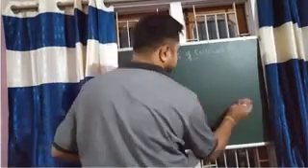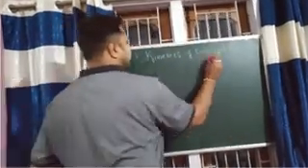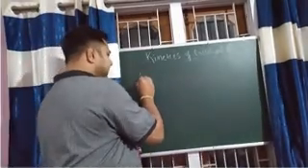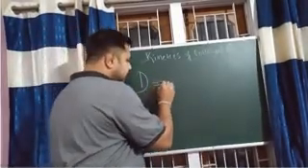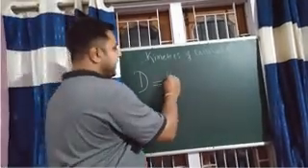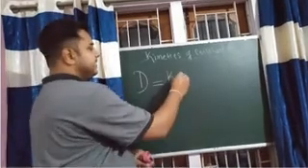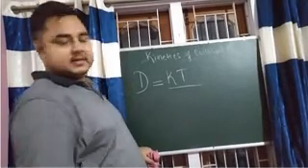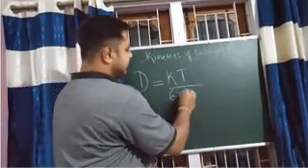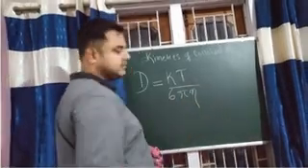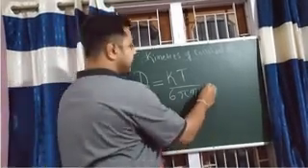Simply we are going to have different equations. To determine the radius, we have a simple equation: capital D is equal to kT divided by 6 pi eta r.